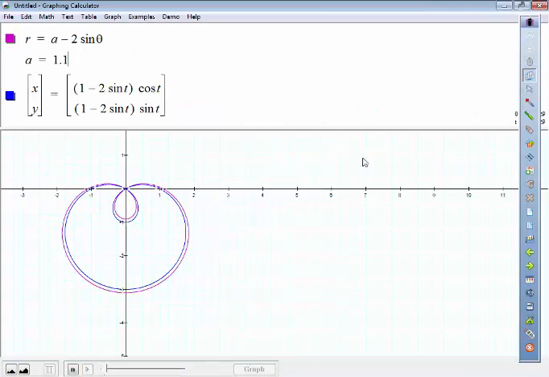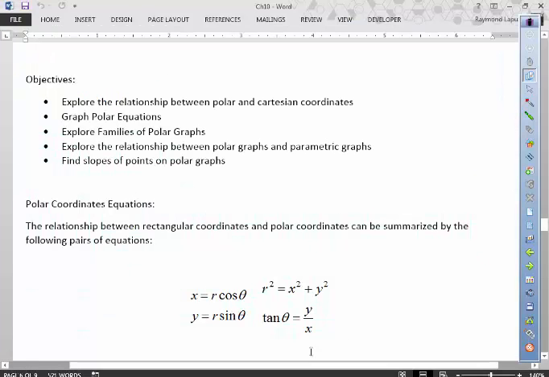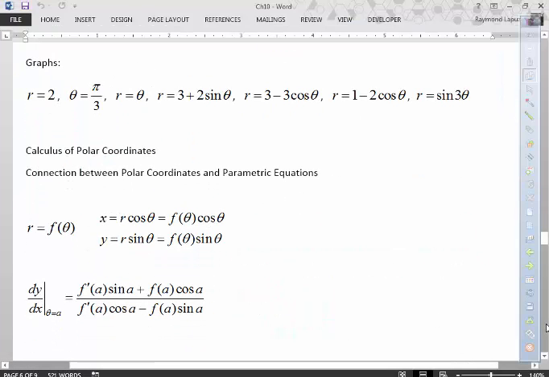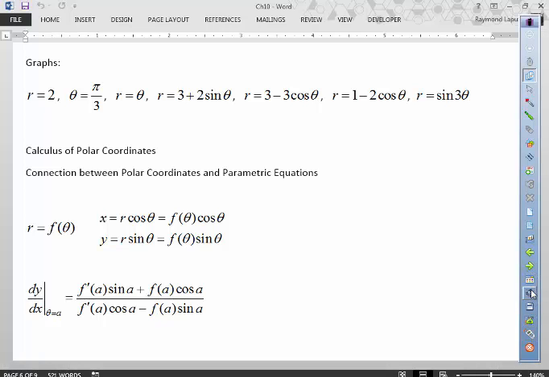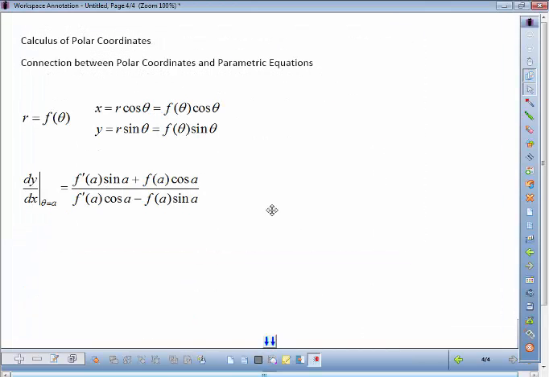All right, where were we? We were talking about derivatives. So we made the connection between polar coordinates and Cartesian coordinates by replacing the r with f of theta, whatever that r function is of theta. And so now when we take the derivative, we just take the derivative. All right?